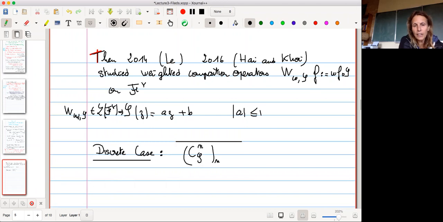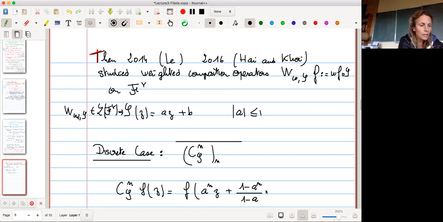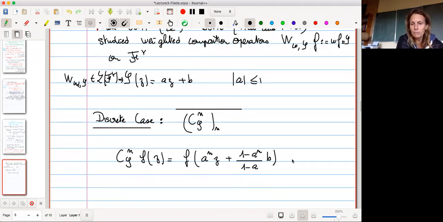Now C phi to the n, because phi is so simple, it's easy to describe. C phi to the n is just f composed with a to the n z plus (1 minus a to the n) over (1 minus a) times b, provided a is not equal to 1.